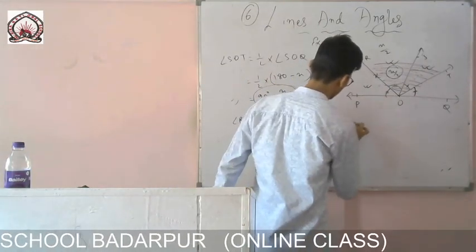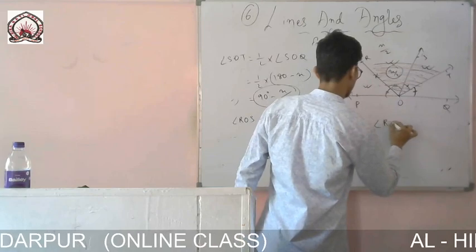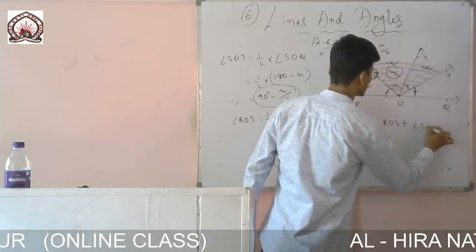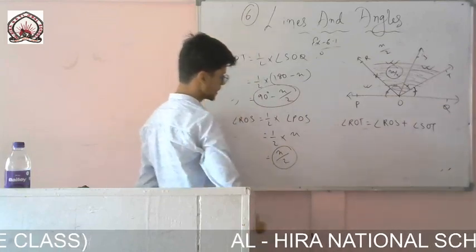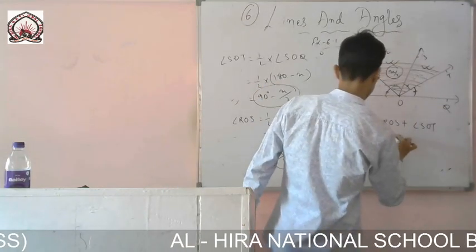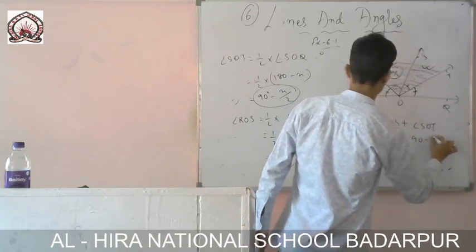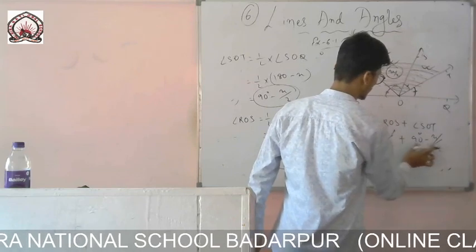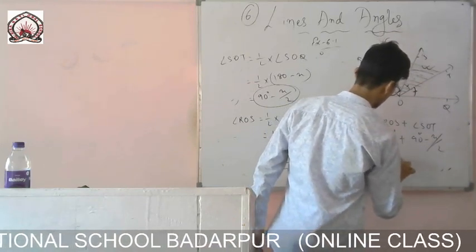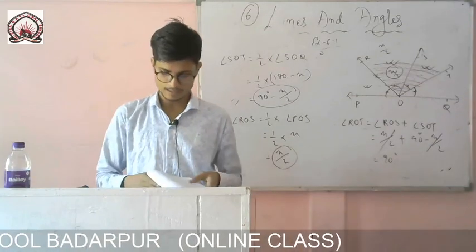So therefore ROT will be equal to angle ROS plus angle SOT. What is the value of ROS? It is x by 2. What is the value of angle SOT? It is 90 minus x by 2. So x by 2 cancels, because this one is plus and that one is minus. So what is the value that came? It came 90 degrees.